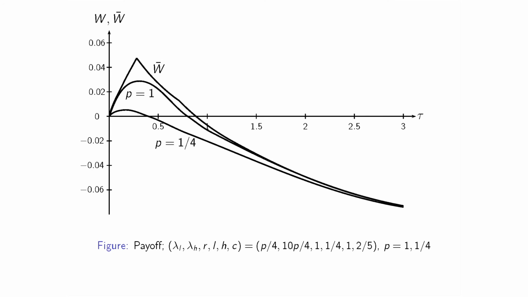And the second line is the second best given a fixed persistence level. And then as we increase the persistence level, the principal's payoff will decrease pointwise. So that means similar to the case with transfers, in this case, the persistence of the agent's information also hurts the principal.